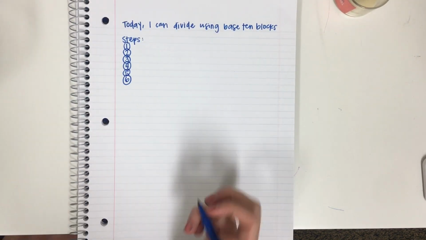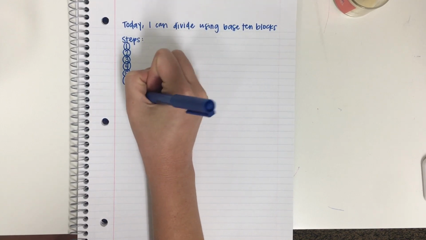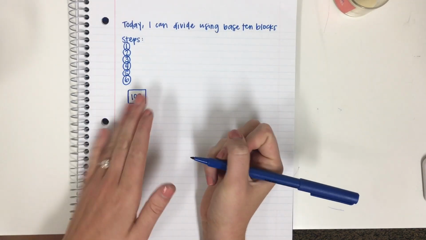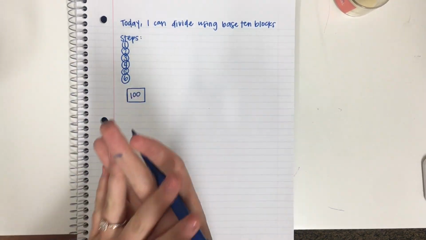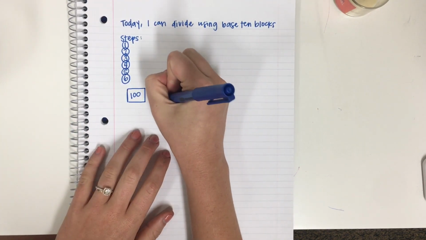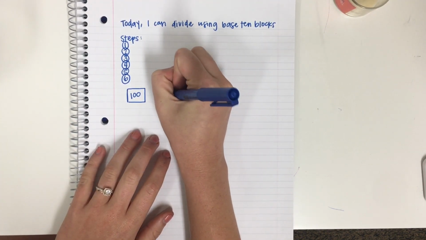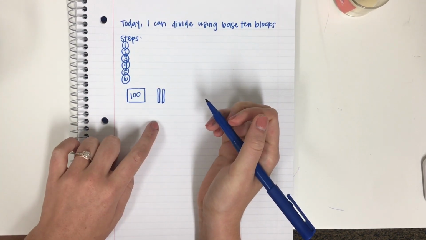Let's review a couple things. When you're looking at base 10 blocks, this is what a 100 block looks like. It's 10 by 10, so you've got 100 teeny tiny squares all in one block. That's hard, right? You can't break it. Then you have 10 rods that are also hard, the rows of 10.